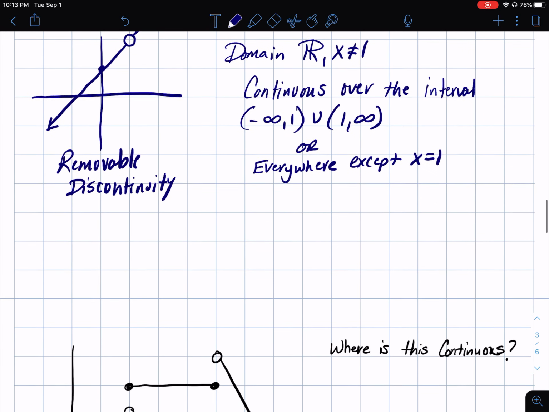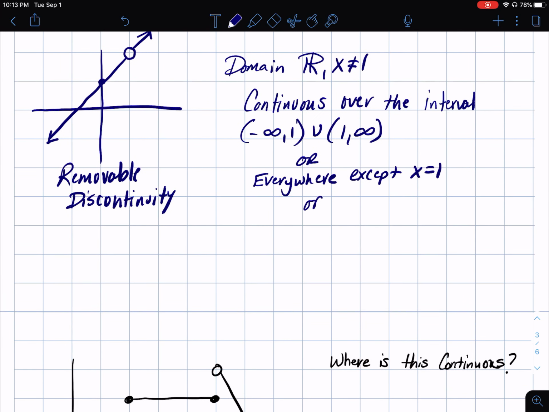So these are just different ways to describe the same thing. Or we could say over the domain of g of x, all real numbers except where x is 1.